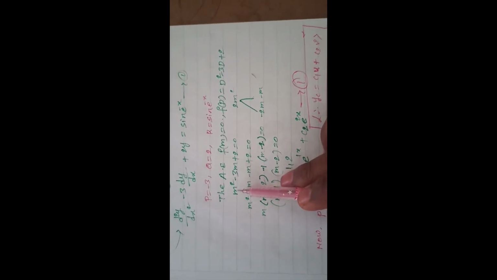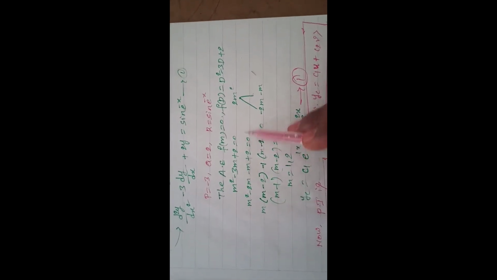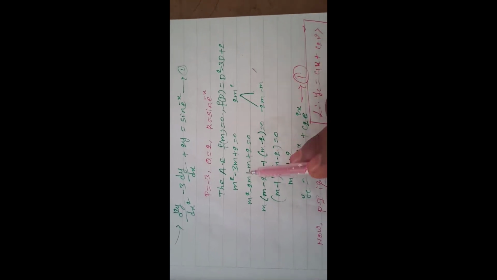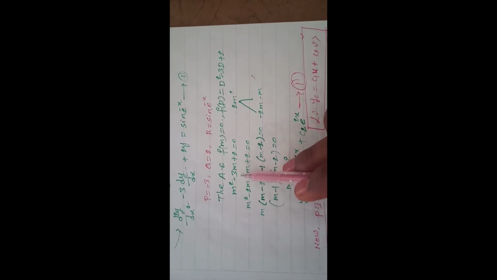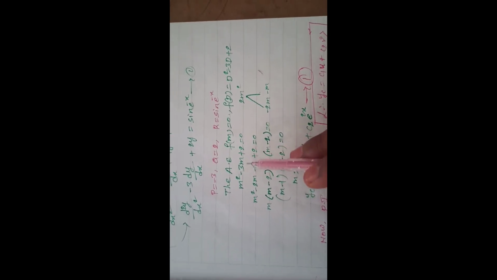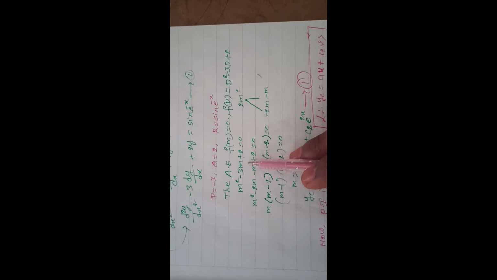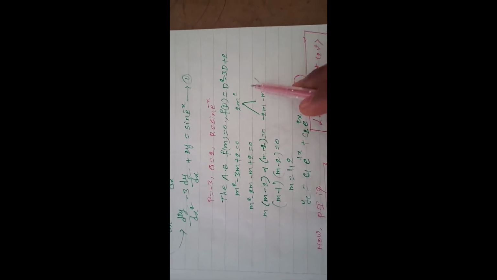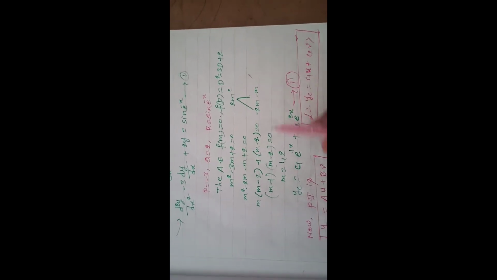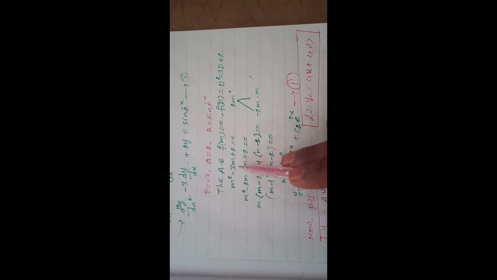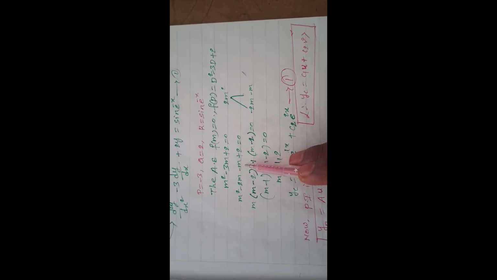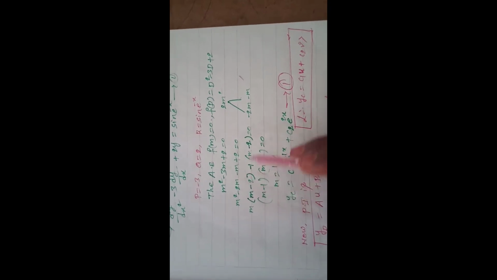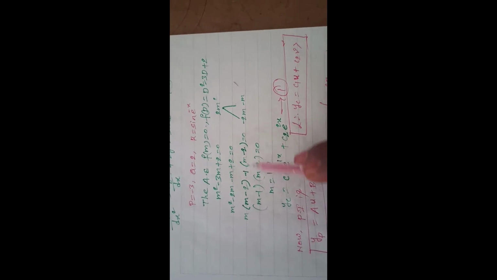Multiplying the first term and the last term, we get 2m². We have to split the middle term into two terms. If we add those two terms, you have to get −3m, and if you multiply those two terms, you have to get 2m². So I am splitting −3m as −2m − m. I take m outside from the first two terms and −1 outside from the last two terms.